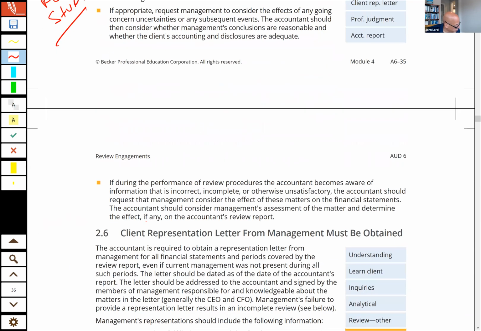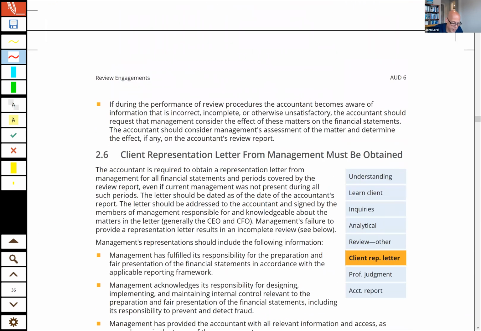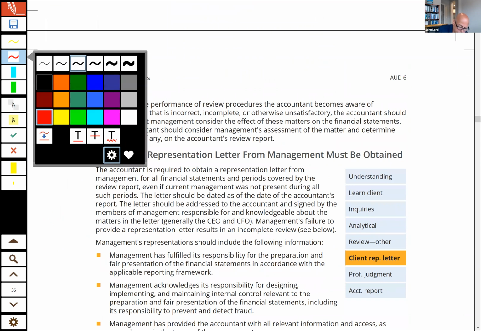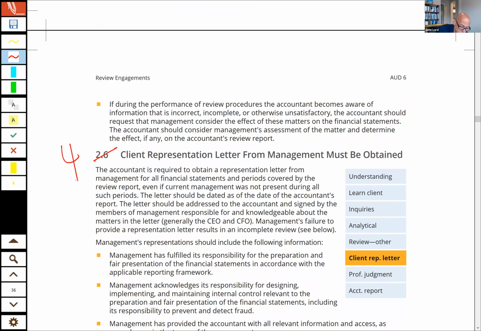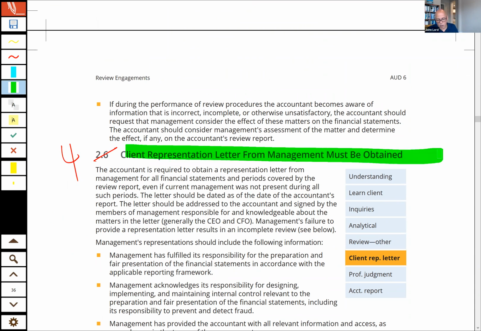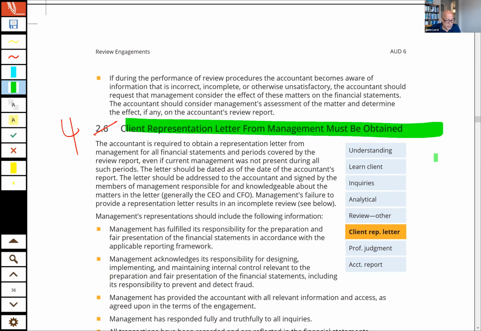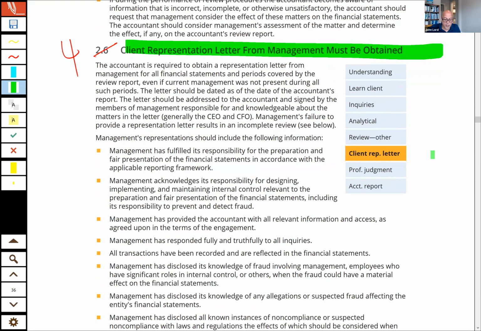Okay, all right, good. And then, oh, sorry guys, the fourth thing that is required, I'm just redoing the outline here, is a client rep letter. Include that on the flashcard as something that's required. Now notice they go on a bit as to the nature of things that are required to be in the representation letter. You don't need to flashcard all this because you already have a flashcard of what is required in an audit's rep letter.